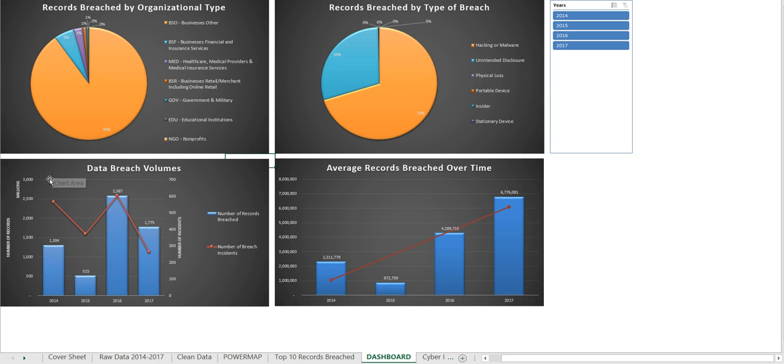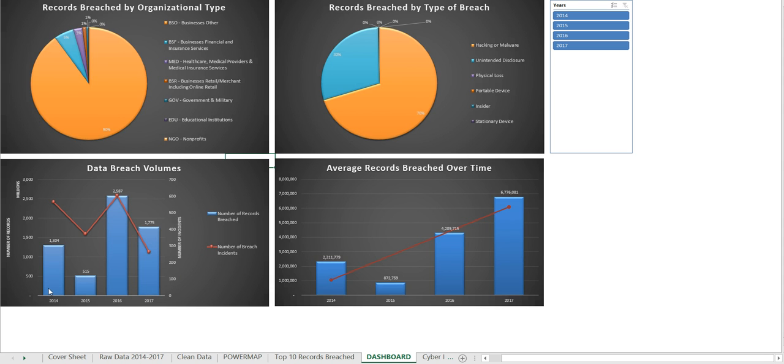The graph on the lower left corner compares the number of records breached, the blue here, to the number of times a breach occurred, the red line. From this relationship, we can see that in 2014 and 2015, it took more incidents to create a smaller number of records breached when compared to 2016 and 2017.